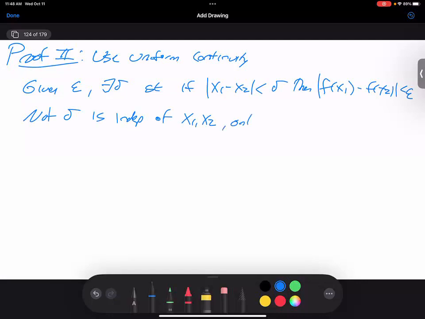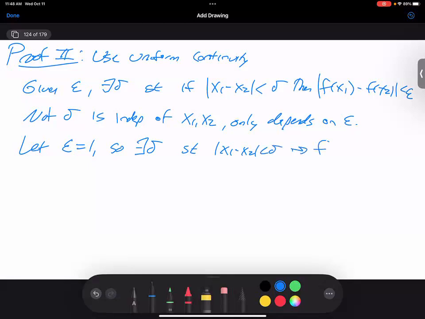It only depends on epsilon. So now what we can do is let epsilon equal 1, so there exists a delta such that |x1 minus x2| less than delta implies |f of x1 minus f of x2| is less than 1.